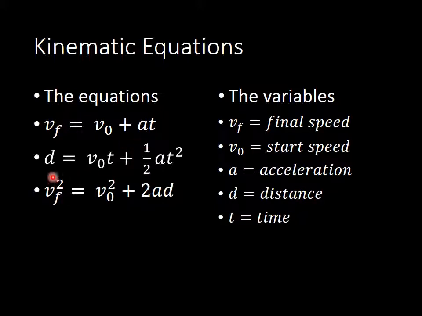That the distance traveled is equal to the beginning speed times the amount of time that you're looking at, plus 1/2 the acceleration times the square of the time, or that the square of the speed is equal to the square of the beginning speed plus twice the acceleration times the distance traveled. And the variables are listed over here on the right, where Vf is the final speed of the object, V naught is the starting speed of the object, A is the acceleration, D is distance or displacement, and T is time.